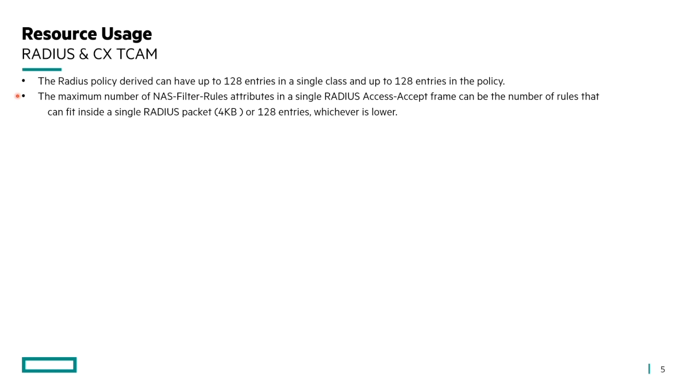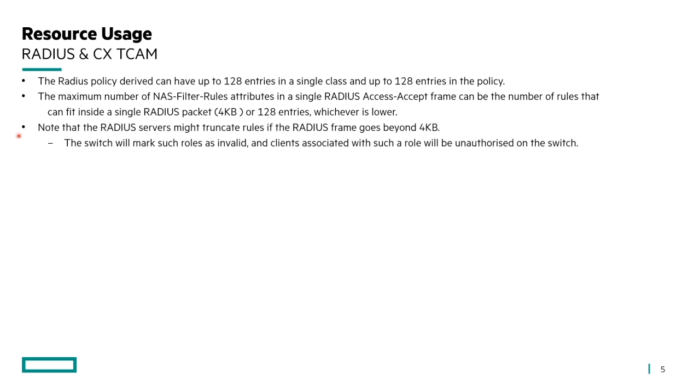The maximum number of NAS-Filter rule attributes in a single RADIUS access accept frame can be the number of rules that can fit inside a single RADIUS packet, 4 KB, or 128 entries, whichever is lower.